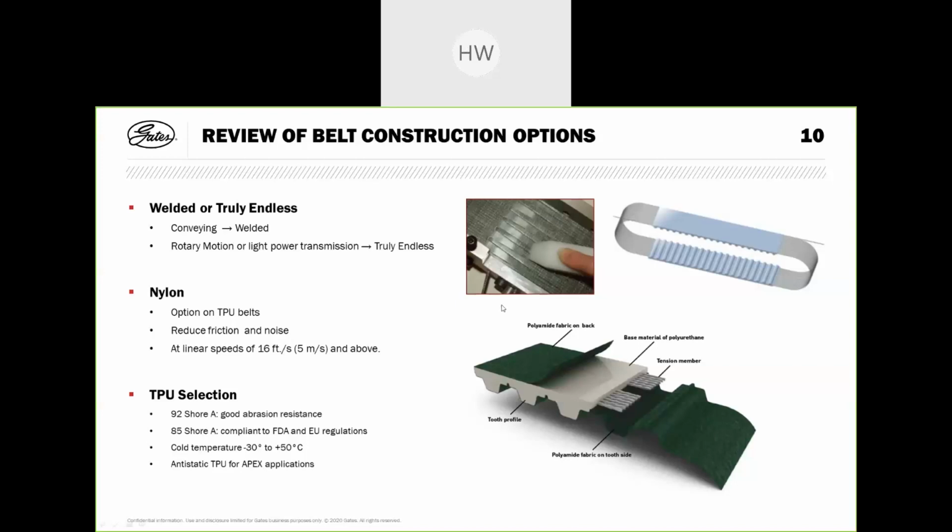Then for food applications, especially with direct food contact, we use a special polyurethane resin, which is 85 Shore A. For the cold temperature, we have a special low temperature resin going down to -30 degrees. And then for antistatic belt, we use a conductive polyurethane resin that is in the range of the Apex applications, conductive product.